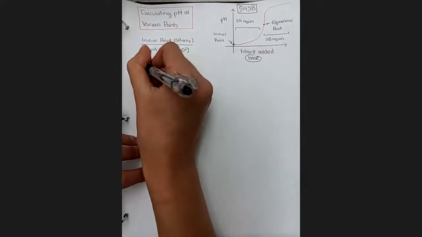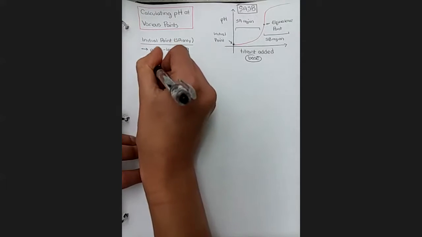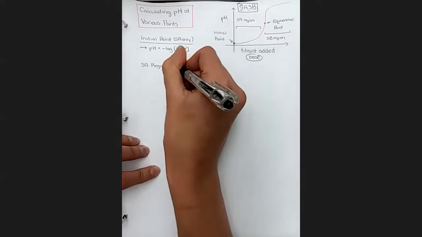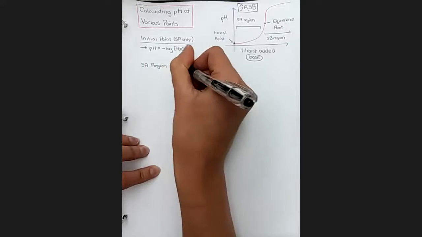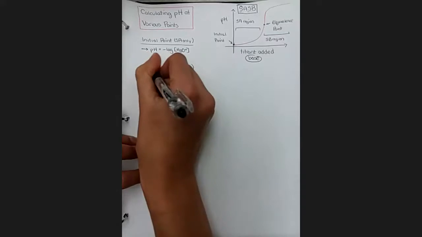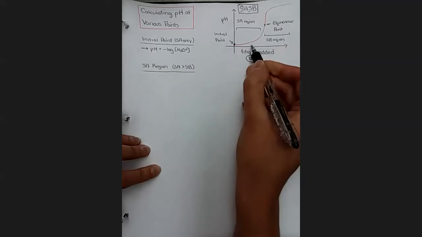The next region is the strong acid region. This is the region where we have more strong acid than we have strong base added. So it's where we've only added a little bit of the titrant.